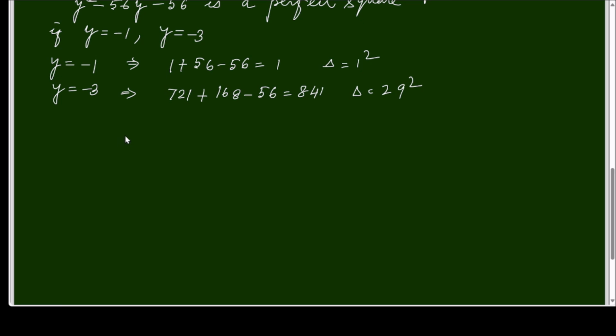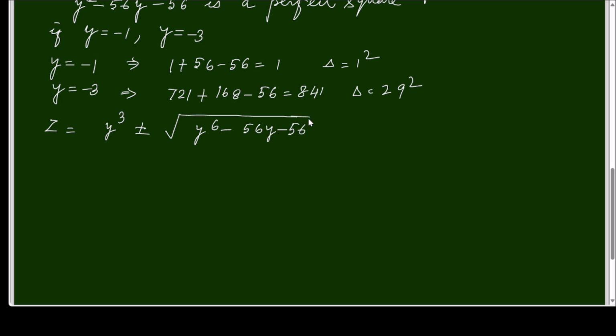Let us see what z is at the time. z was y to the power 3 plus or minus the square root of y to the power 6 minus 56y minus 56.